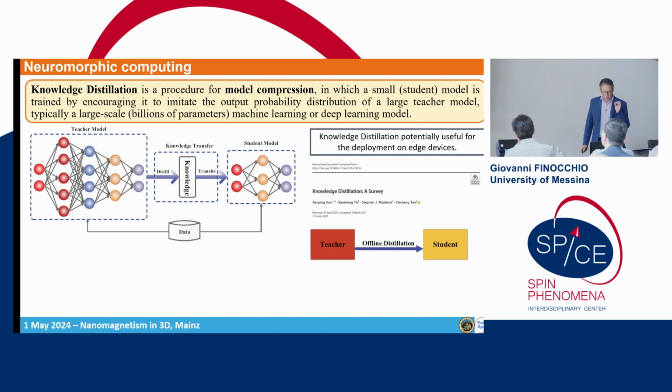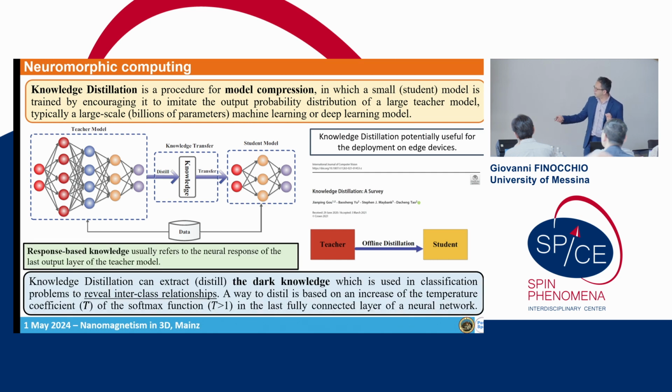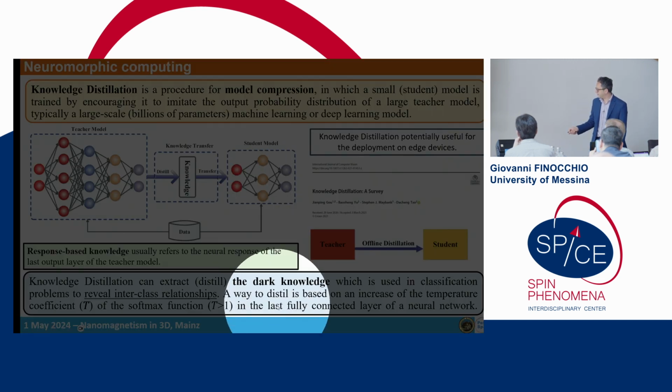One way to transfer this knowledge is based on the use of response-based knowledge. This is the information we have at the last layer before applying the softmax. We tried to extract from this last layer something called dark knowledge.